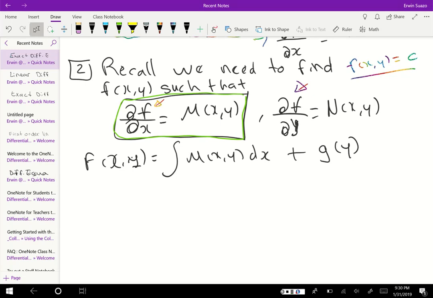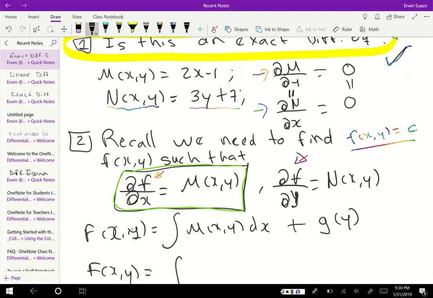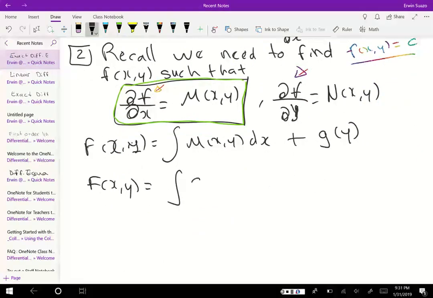So I need to find this integral. So f of xy is the integral of M of xy, that is 2x minus 1 dx, plus g of y, right?